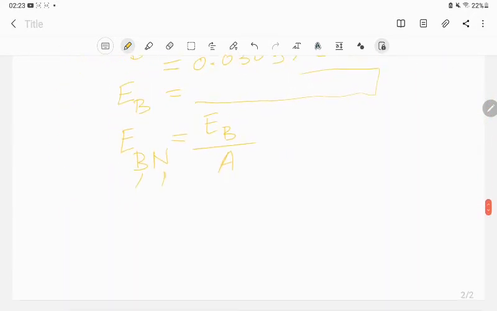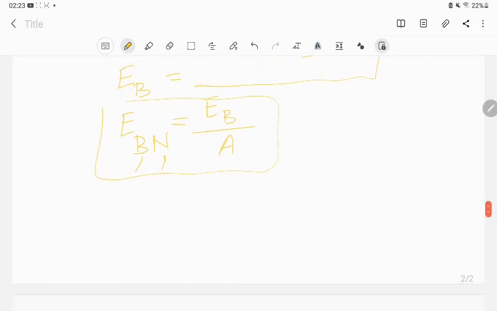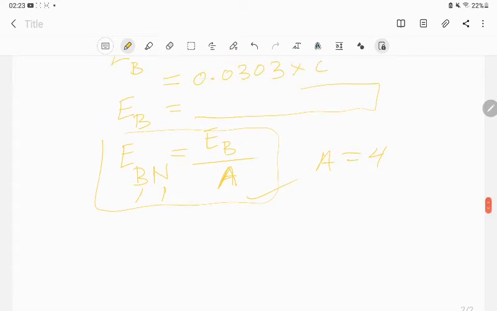This is the general formula. For helium, A is 4. This is binding energy per nucleon.